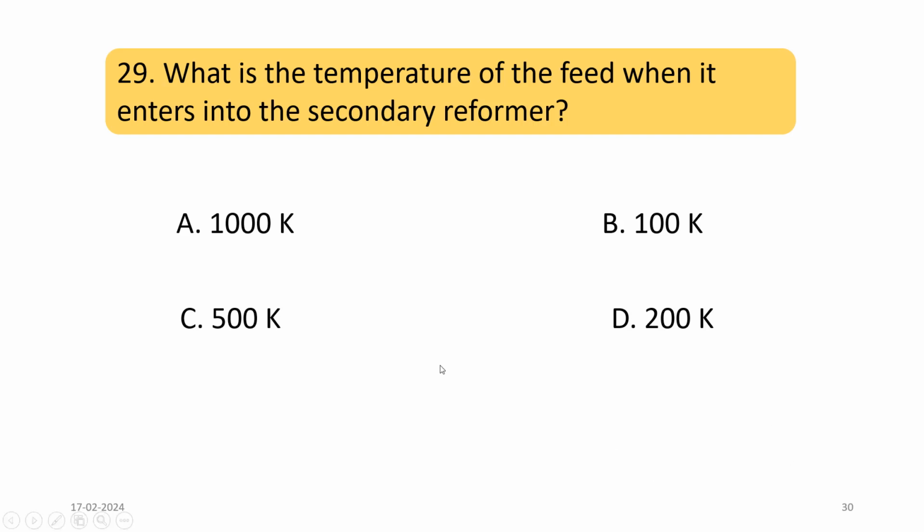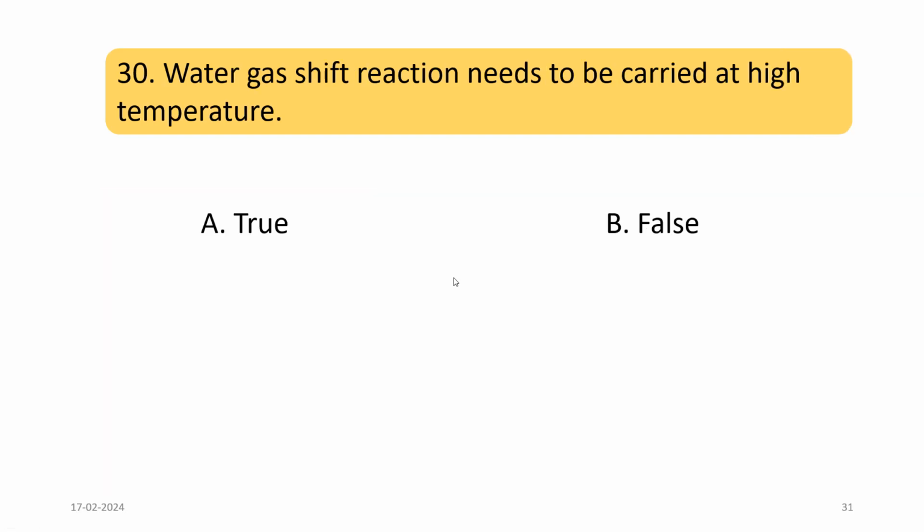When the feed enters into the secondary reformer, the temperature is very high. It is around 1000 Kelvin. The answer will be 1000 Kelvin.